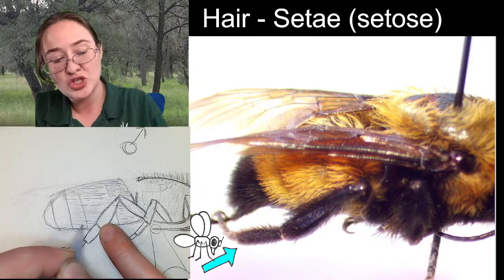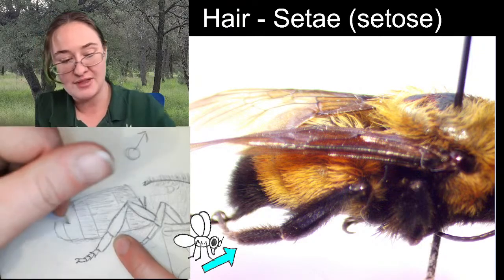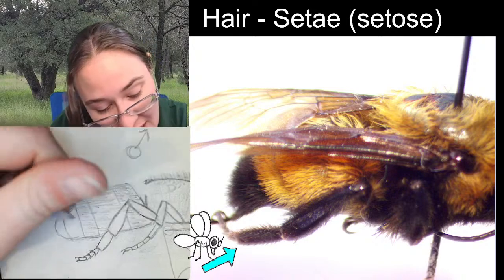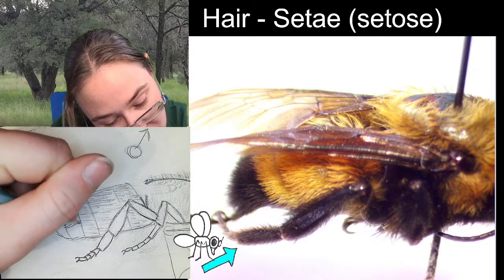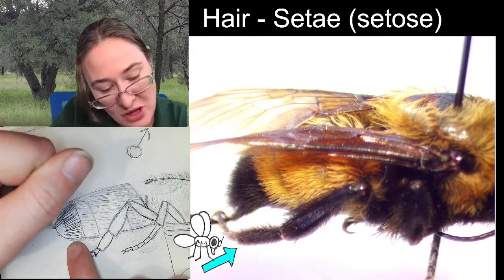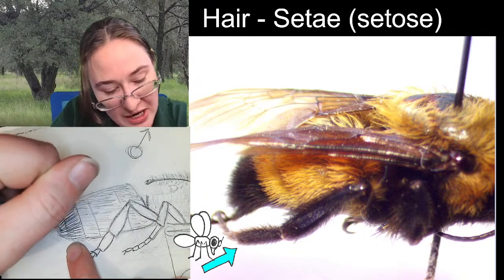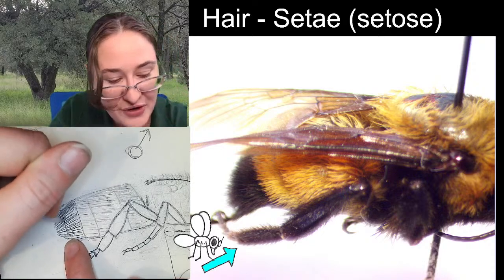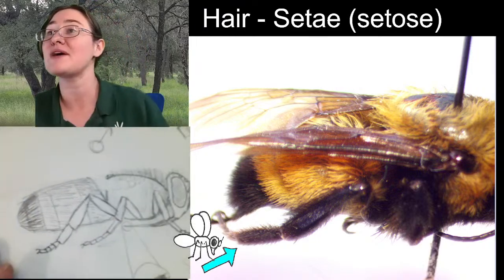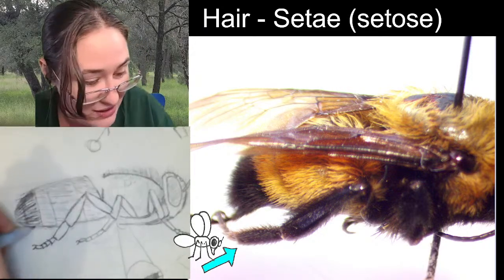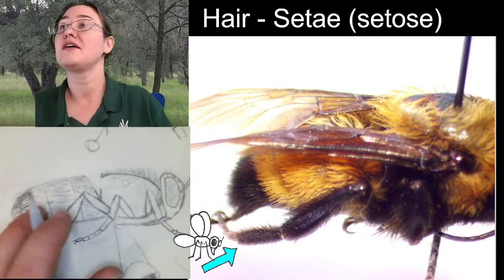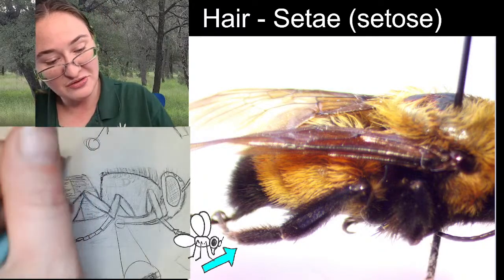And I'm trying to make the hairs on the yellow segments a little less thick than the hairs on the darker segments. And this, even though it's 2 segments, all kind of looked like one. So I'm not afraid of covering it up just a little bit, because the bee wasn't afraid of covering it up just a little bit. All right. I'm just going to finish that line up.